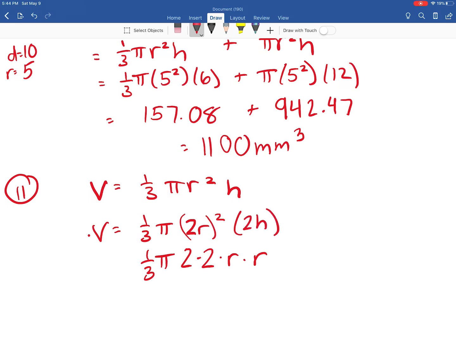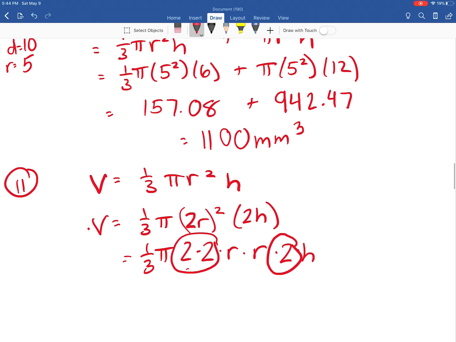Then I'm going to have to multiply the h by 2 as well. What happened to this side? I multiplied it by 2 times 2 times 2. Remember, we have to do the same thing to the other side. 2 times 2 times 2. Whatever we do to one side, we have to do to the other. 2 times 2 is 4, times 2 is 8.